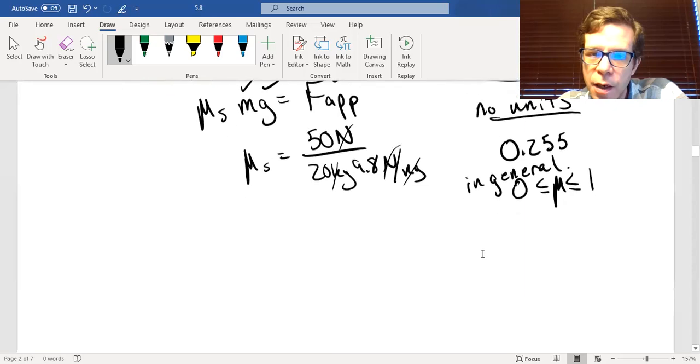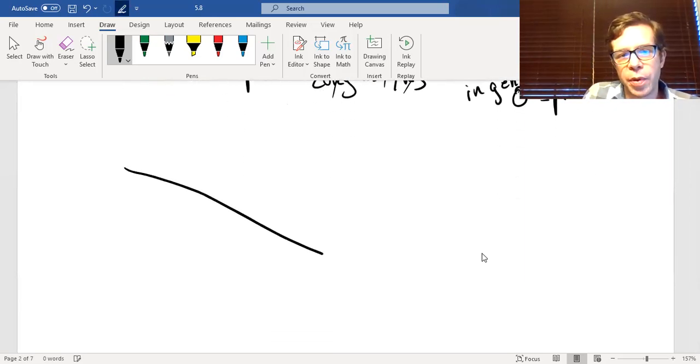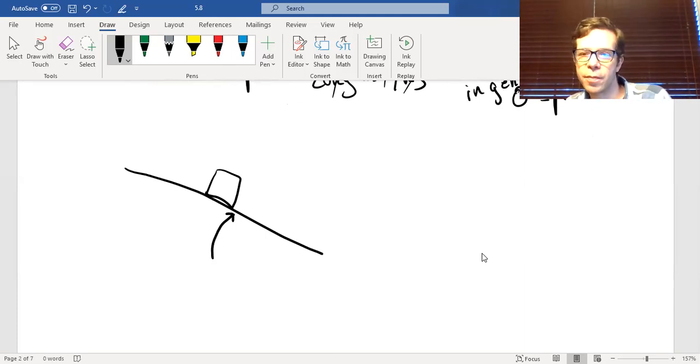Let's look at another situation. What if we're on a ramp? And now this is with friction. There's a classic result that's really nice. Imagine that you keep raising the ramp until it slides, and you can figure out what the coefficient of static friction is.